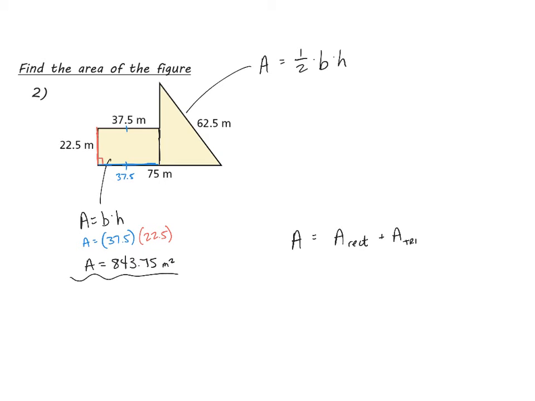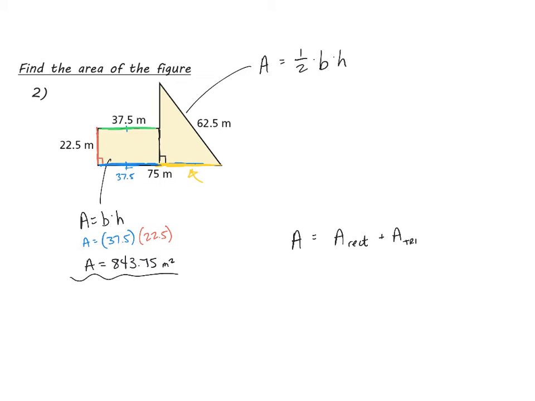Now let's find the area of our triangle. Well, it must be a right triangle because it butts up against that rectangle. And I know that if this piece is 75 meters, and this chunk right here is 37.5 meters, then the base of my triangle must be the difference of those two.